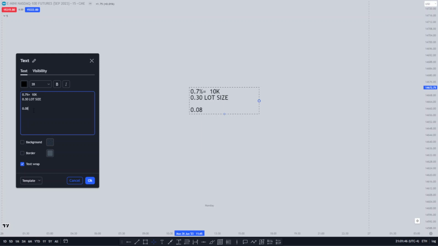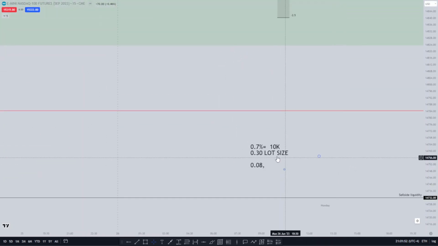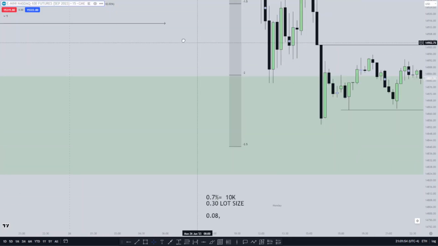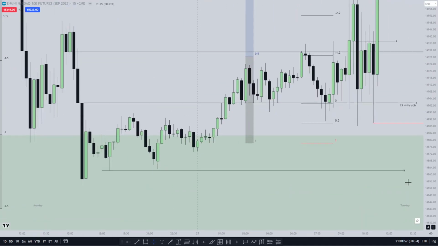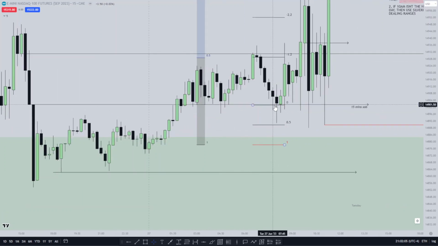right? Then the second position, because we're entering twice on this entry right here. Two entries right here, right on the order block.